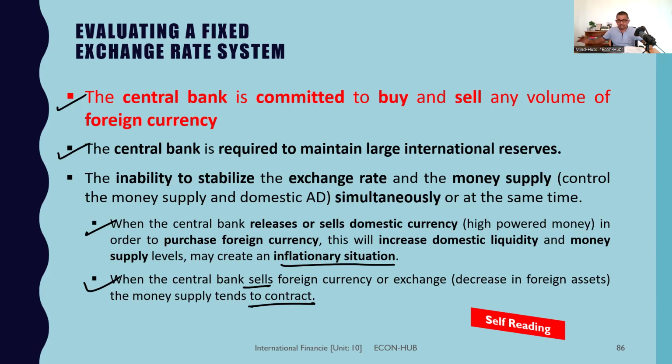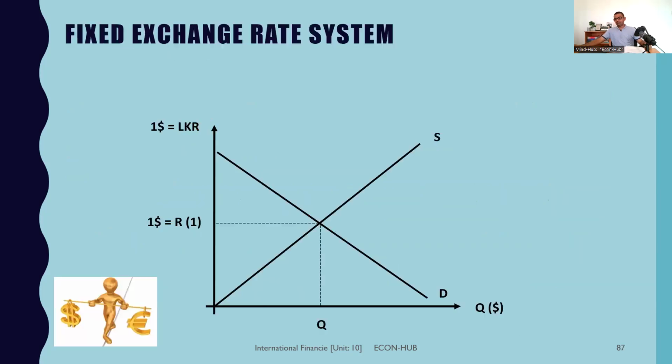Both can't be at a favorable level at the same time. You can't have a high value for the currency and high economic growth and low inflation. All that can't be done at the same time because the central bank is deciding the exchange rate, and whenever their foreign reserves increase or decrease, things will change.